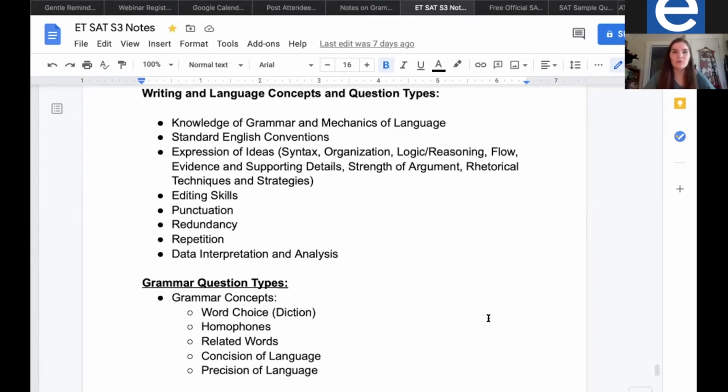So if you're using things like ethos, pathos, or logos: logos being basically logic and reasoning and evidence, whereas pathos is more about emotional appeals, like making people sympathetic with you, or based on the tone you're using, things like that.